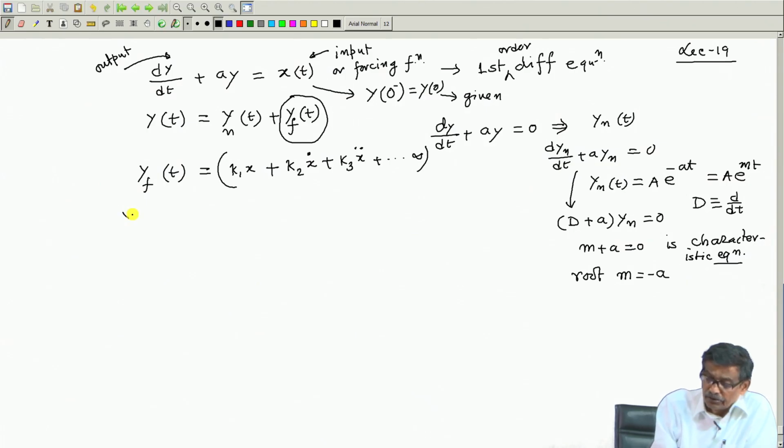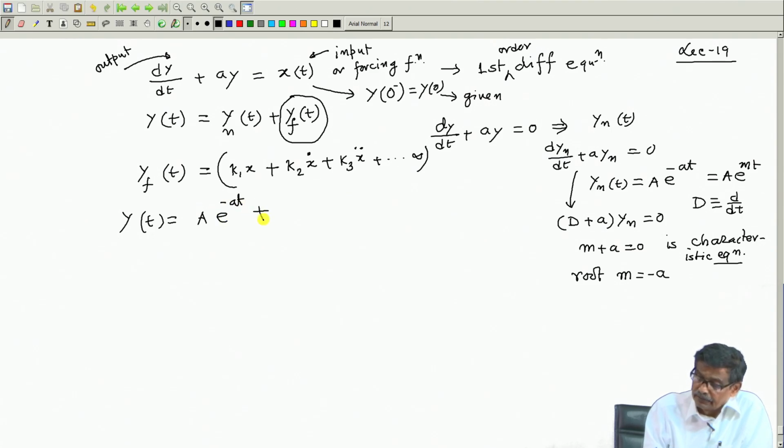So, the total solution y(t) then will be A into e to the power minus a t plus k1 x plus k2 x dot plus k3 x double dot up to infinity.